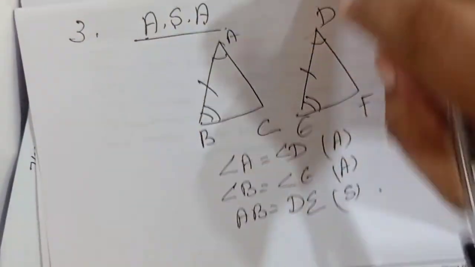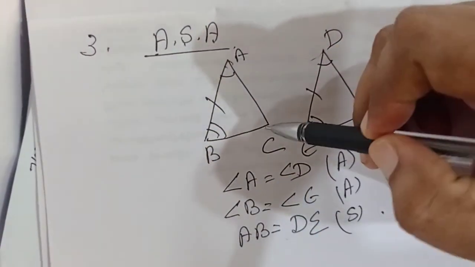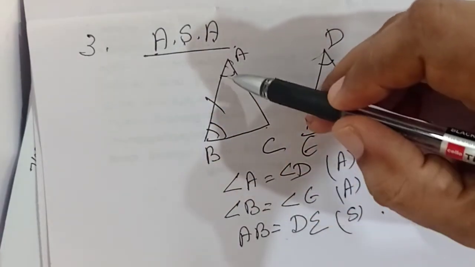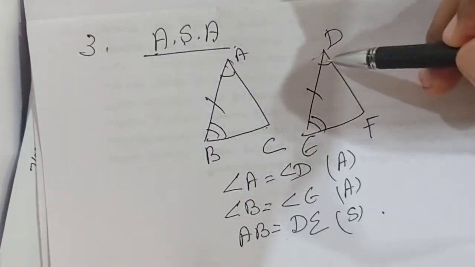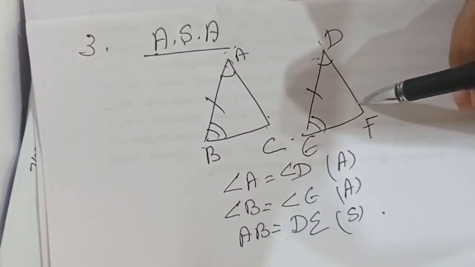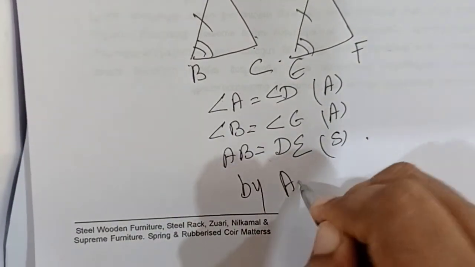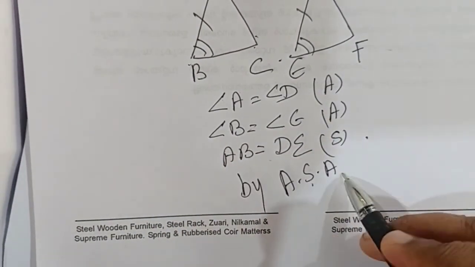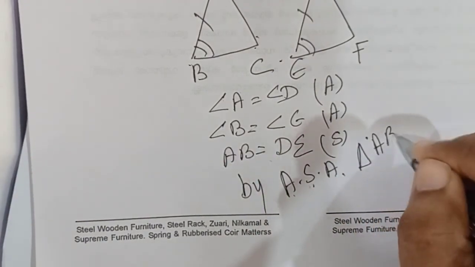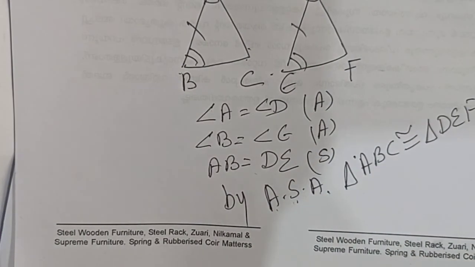When you write angles, you will write three letters, like BAC. For easy understanding, I only write one letter. Angle A equal to angle D means BAC equal to EDF. Therefore, by ASA, two angles and one side, triangle ABC is congruent to triangle DEF.